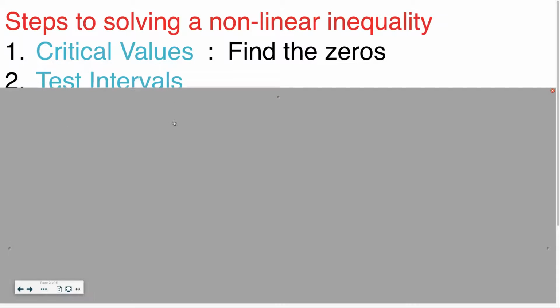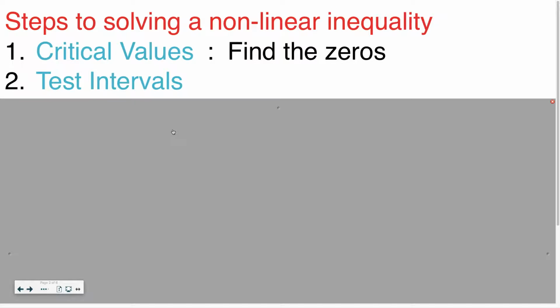From there, instead of graphing it, we can test our intervals. In between our x-intercepts, our graph is going to have to be above or below the x-axis. So if we just test some numbers to see if we have positive or negative y values, we can figure that out without having to graph it.